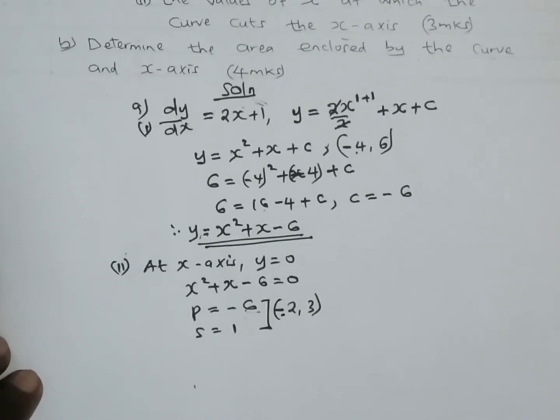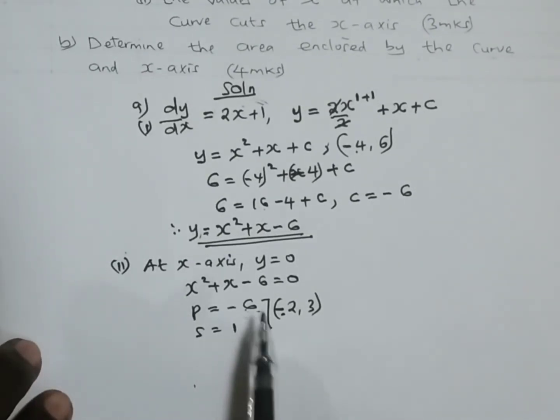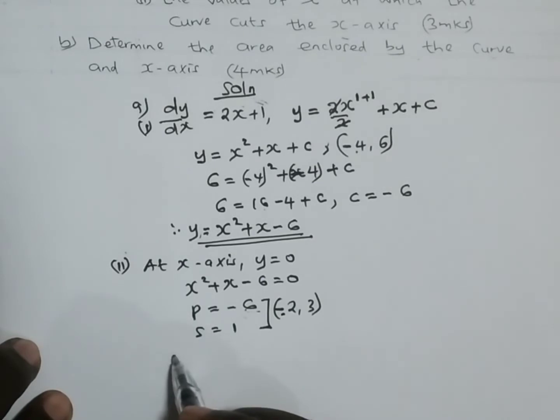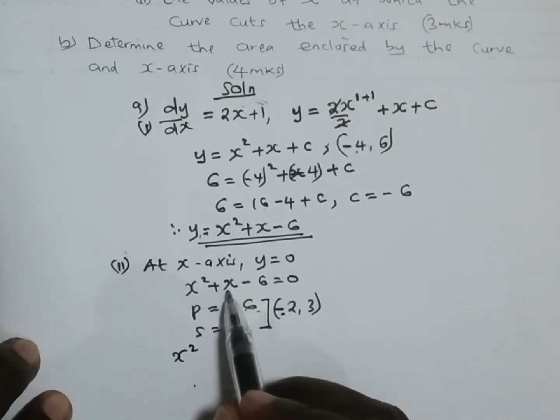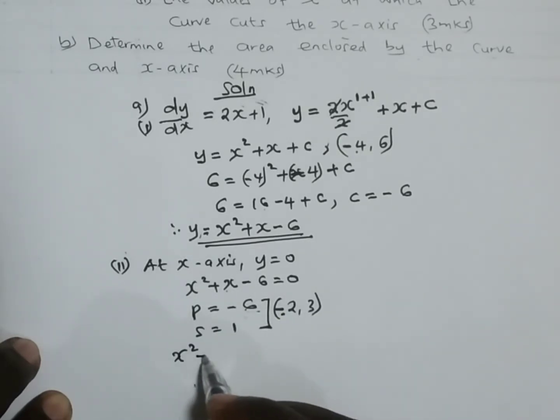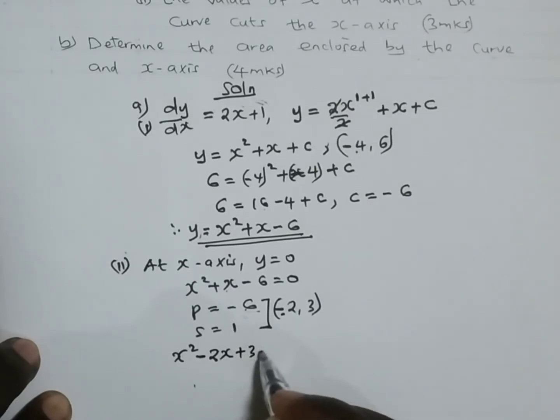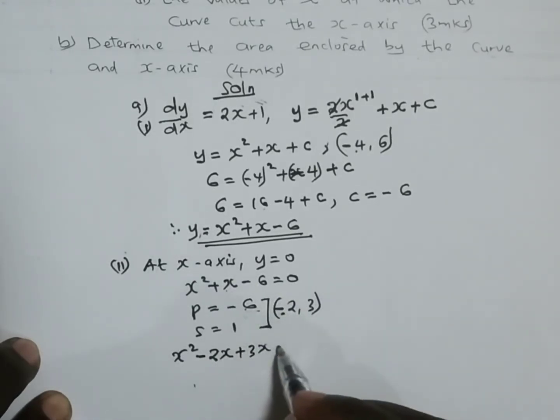Having done that, now we can write this expression by having x squared. The linear term is going to be replaced by the numbers, that is, we are going to have minus 2x plus 3x, then minus 6, being equal to 0.